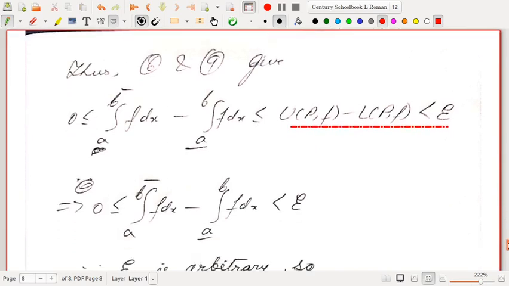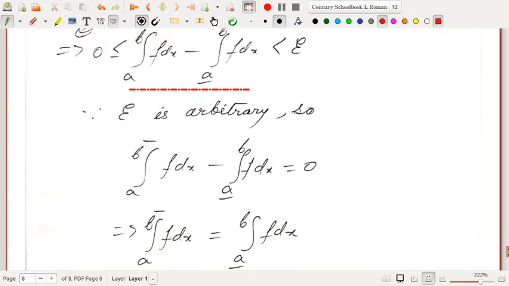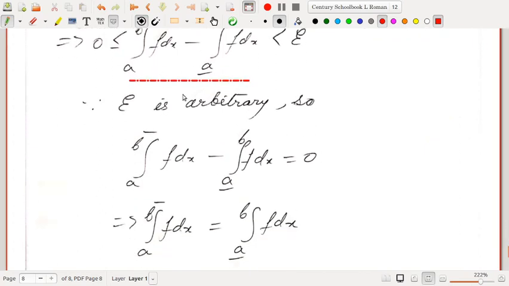So ultimately we get that the upper integral minus the lower integral is a quantity which is non-negative and strictly less than every positive real number epsilon, any arbitrary epsilon. So this quantity has to be equal to 0.